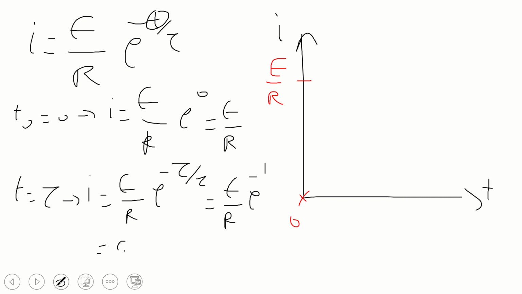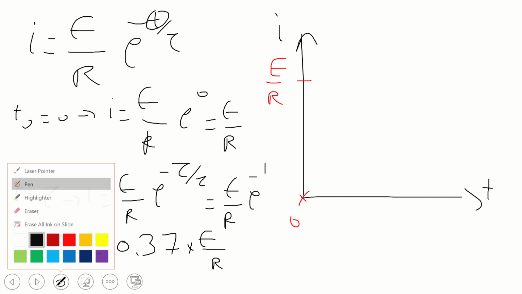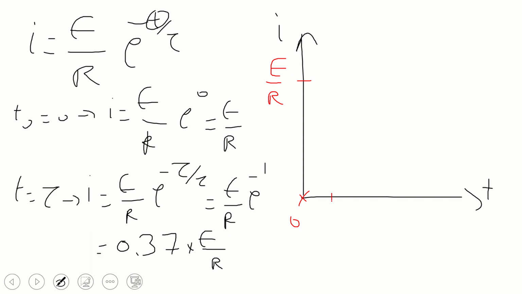Exponential minus 1 is 0.37, so 0.37 times E over R. So after a time tau, the current decreases to 0.37 E over R.